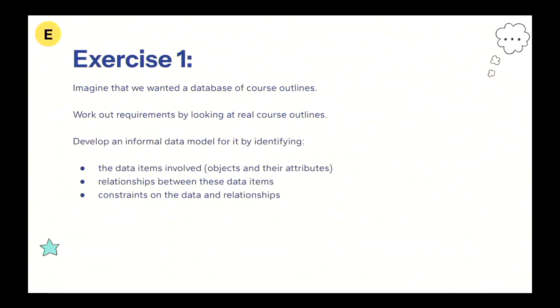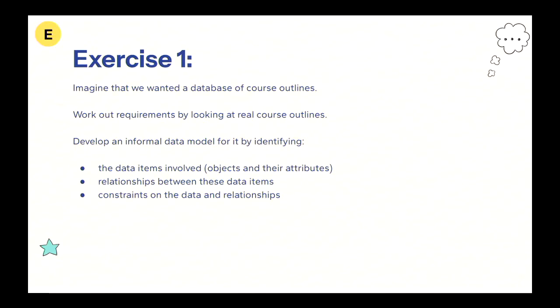And bear this in mind, let's go through this first exercise. So the first exercise, here are the requirements. Imagine we want to build a database for course outlines. So we need to work out the requirements by looking at some real course outlines.